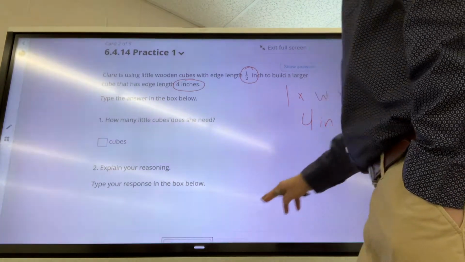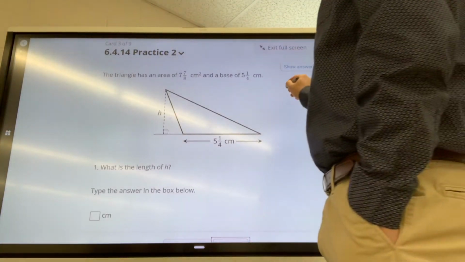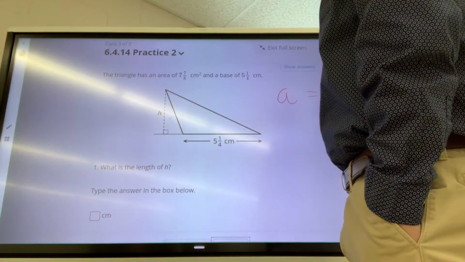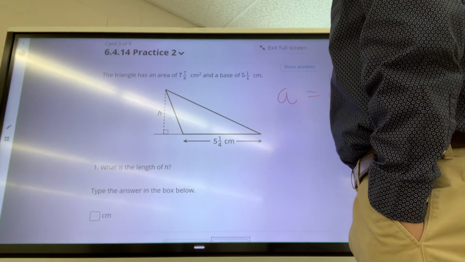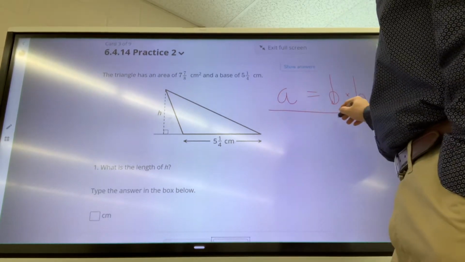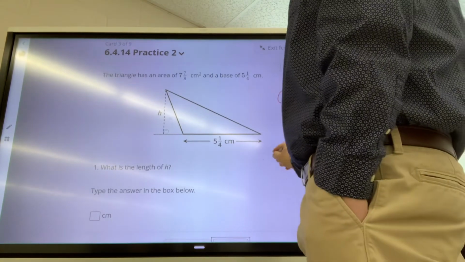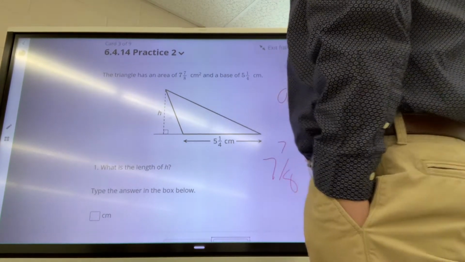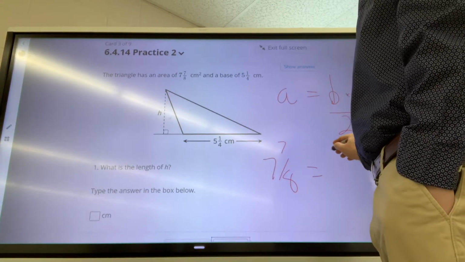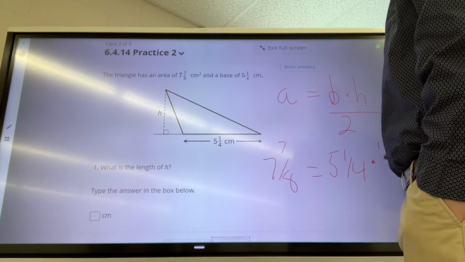Okay. Next one is a triangle with an area of 7 7/8 and a base of 5 1/4. So you know the area of a triangle is base times height divided by 2. And they give you the area of 7 7/8 and the base of 5 1/4, so you do not know the height.